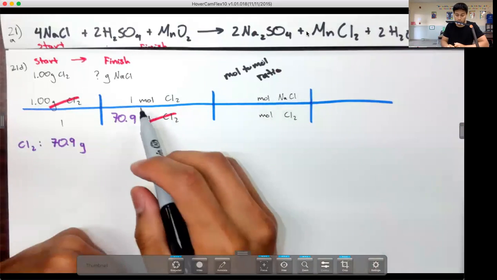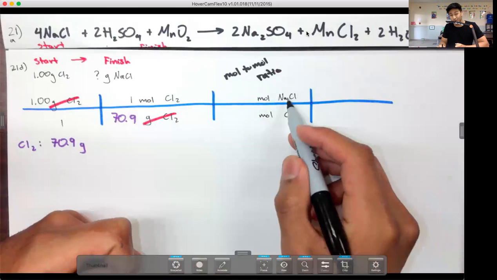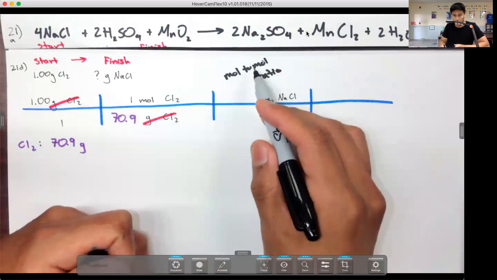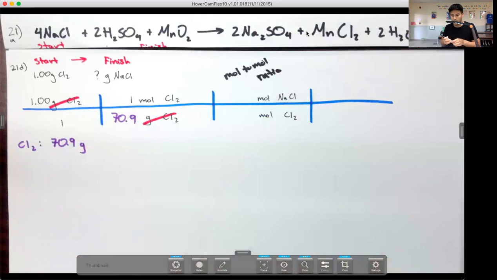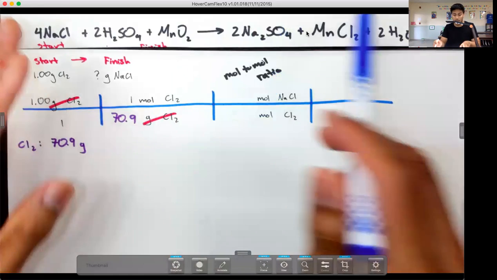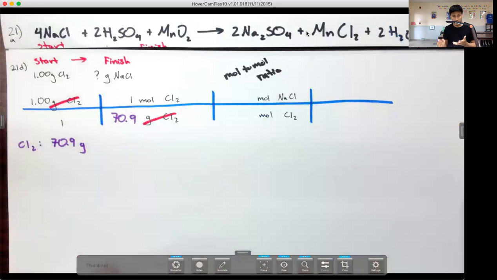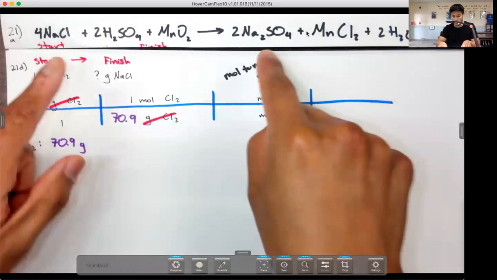Now, to go from moles of chlorine to moles of sodium chloride, we need something called the mole-to-mole ratio. The mole-to-mole ratio is super easy to find because it's written in your chemical reaction. If your chemical reaction is balanced, then your mole-to-mole ratio is exactly what you see here.